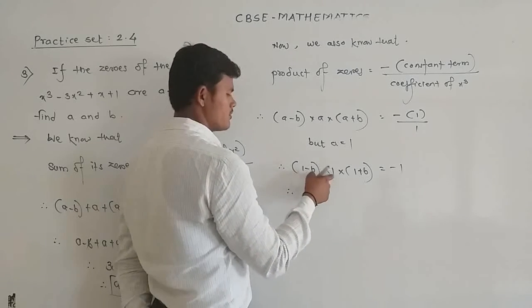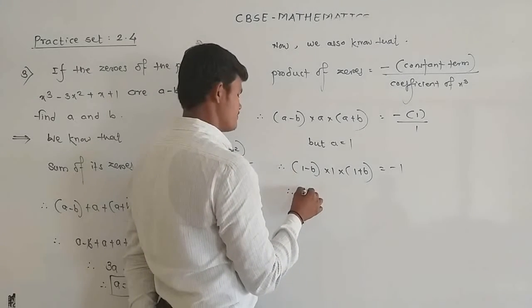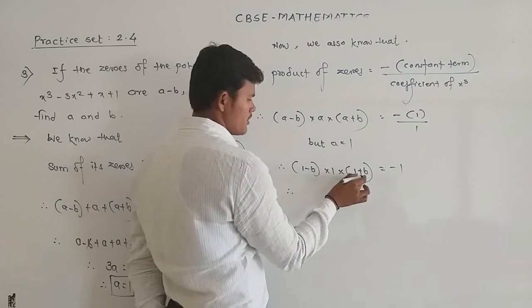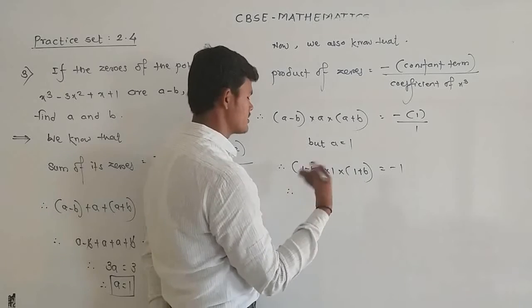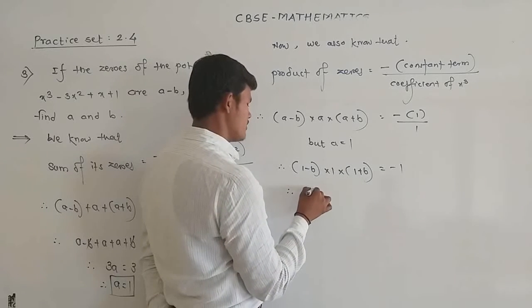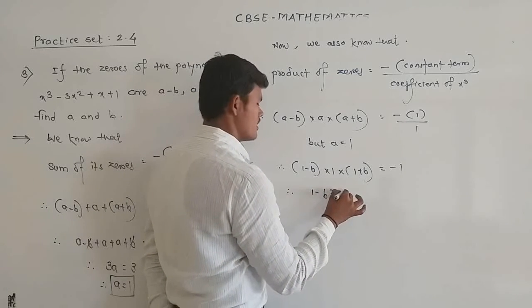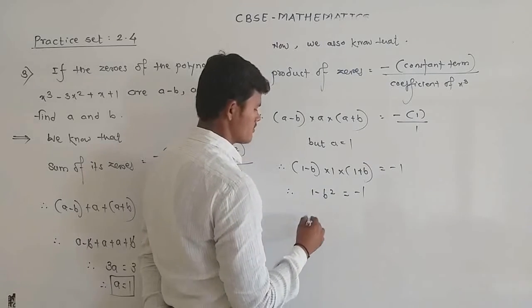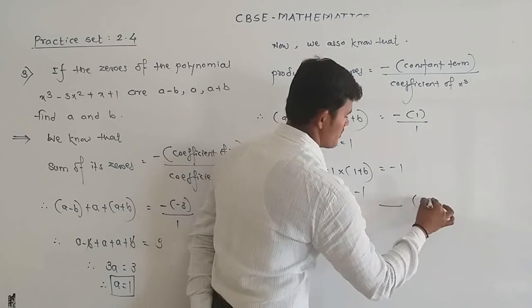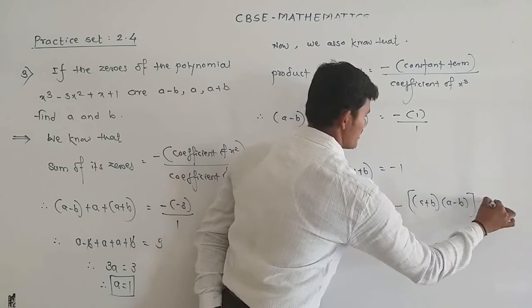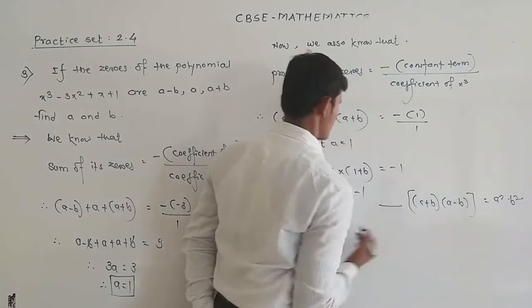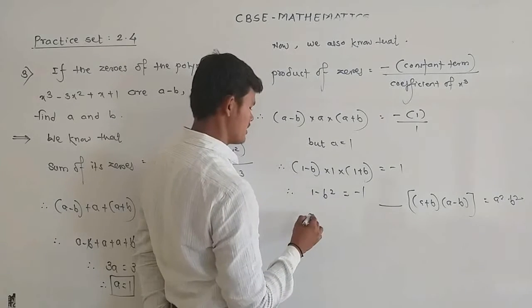So 1 minus b into 1 plus b, that is a minus b into a plus b, is nothing but a square minus b square. From that we get 1 minus b square is equal to minus 1. By using a plus b and a minus b, we get a square minus b square, that is 1 minus b square equals minus 1.